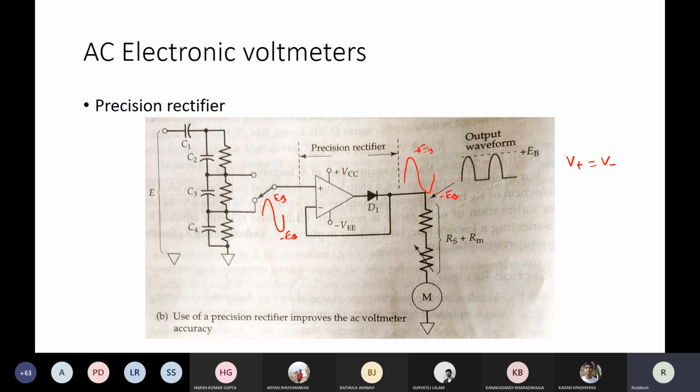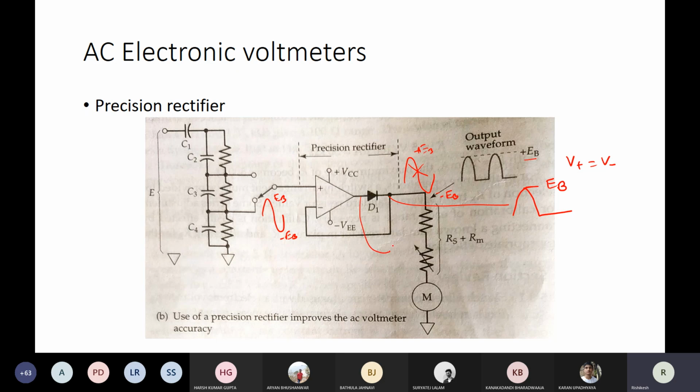Because the diode has already rectified, so the voltage here is positive and zero for negative. But what is the voltage level here? It is EB.